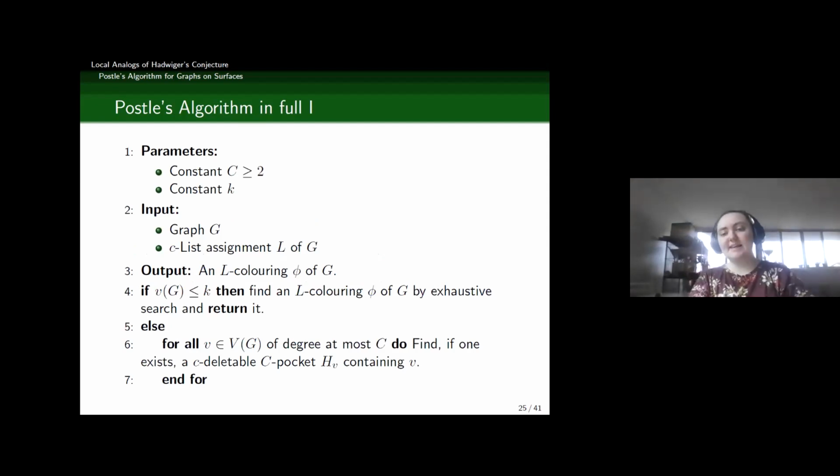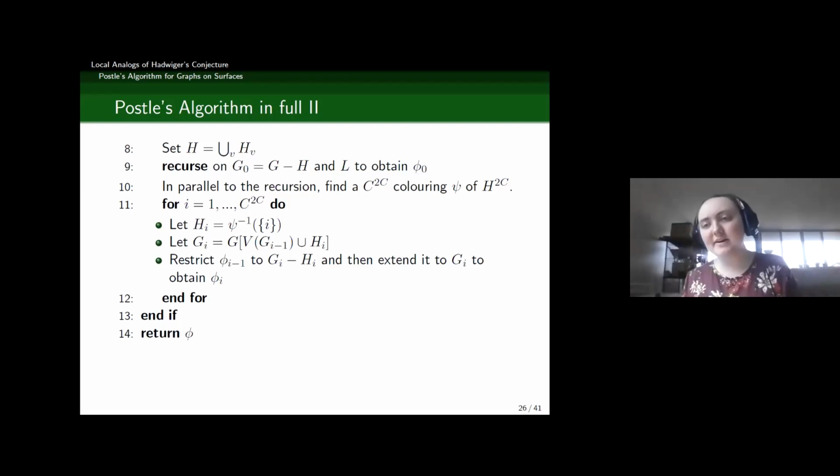The really clever part, which if you don't do it, you end up with an extra runtime cost of a factor of log star V, is once you've got all your pockets, you divide them into groups by essentially coloring a graph made up of your pockets so that they're not touching, and then you just color them back in batches. So you're recursing on something that's much smaller.